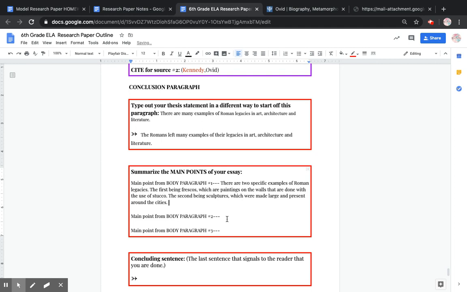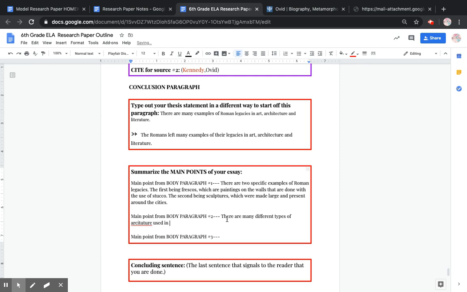From paragraph 2, I talked about there are many different types of architecture used in the ancient Roman period.